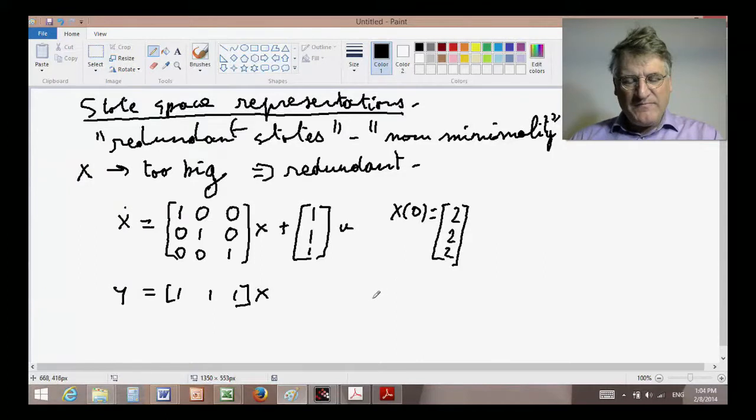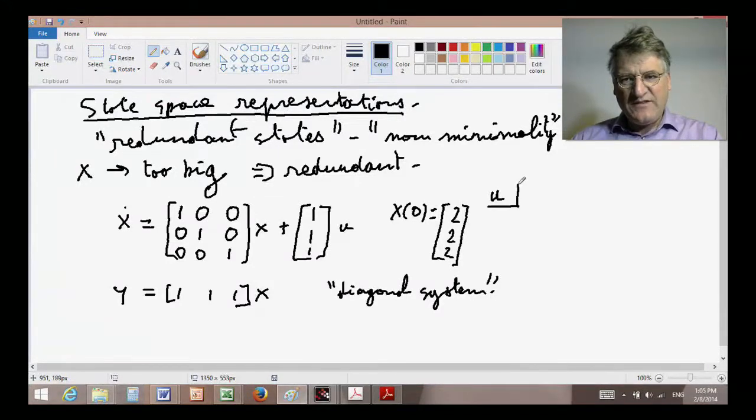What is this system? Well, it is a diagonal system. If you think about it, it is the following. We have U that splits into 3 channels. The first channel, the second channel, and the third channel. And that feeds into 3 identical systems.